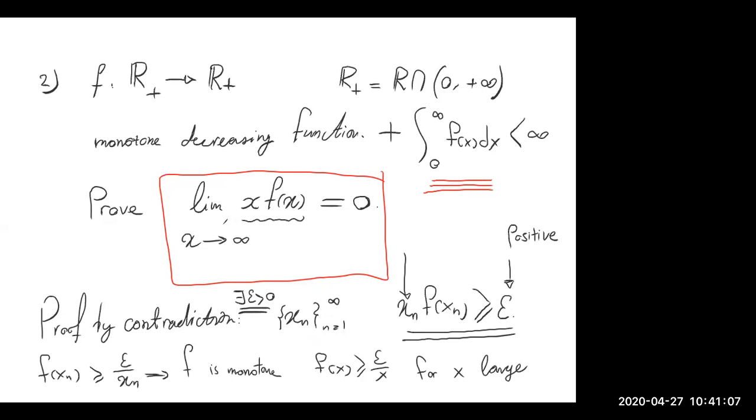And therefore its integral should be greater or equal than integral of epsilon over x. But integral of epsilon over x is integral of 1 over x times epsilon, and that's not convergent. It goes to infinity. Therefore, this integral goes to infinity. And that's a contradiction because we assume this integral is bounded.